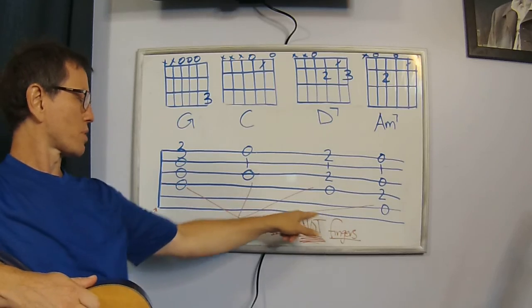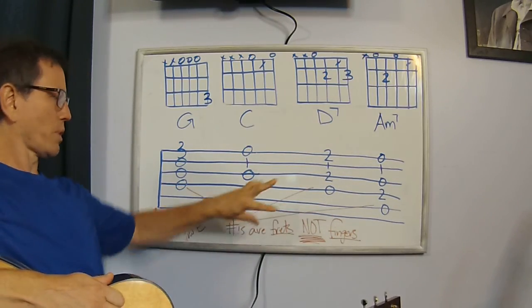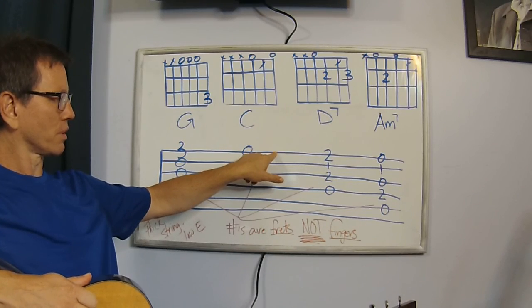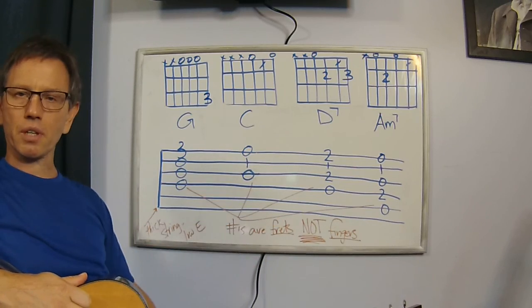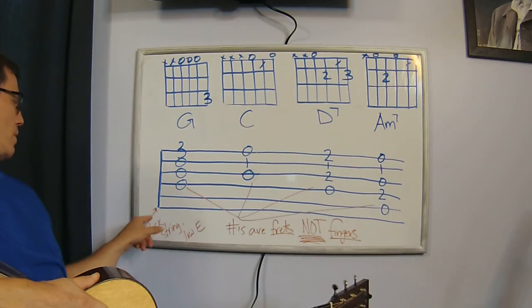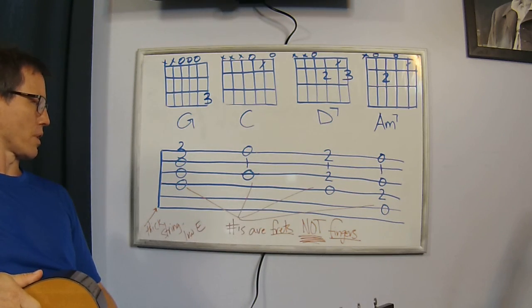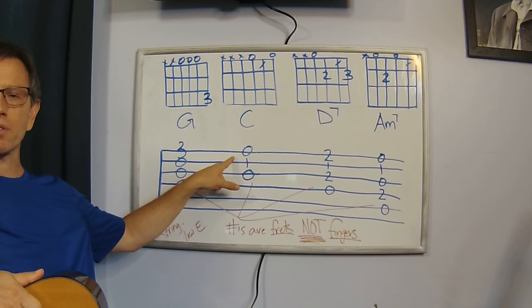So this bottom string is your low E. Oftentimes people flip this and think this is the thin string. It's not, it's the other way, and that can cause a lot of confusion. This bottom line is the thick string on your guitar, the low E. The numbers are the frets on that string.